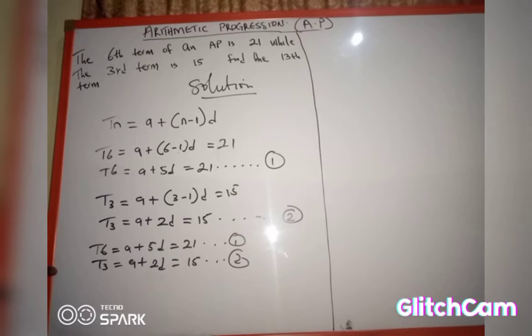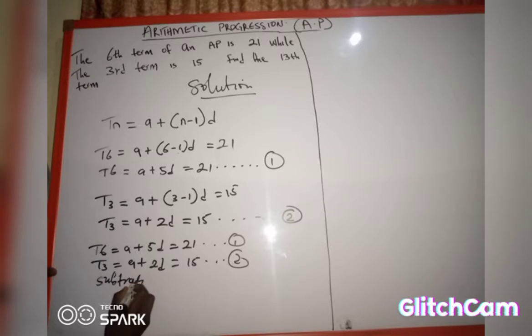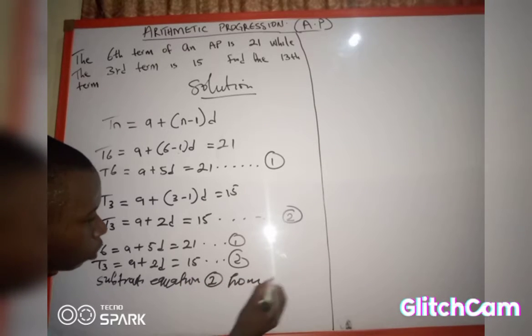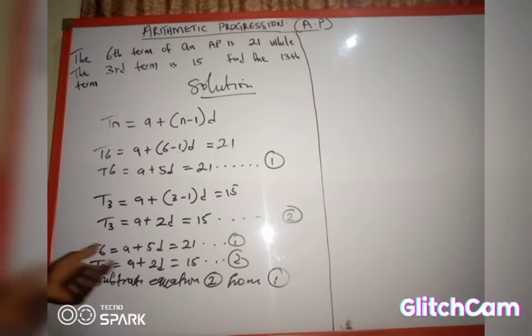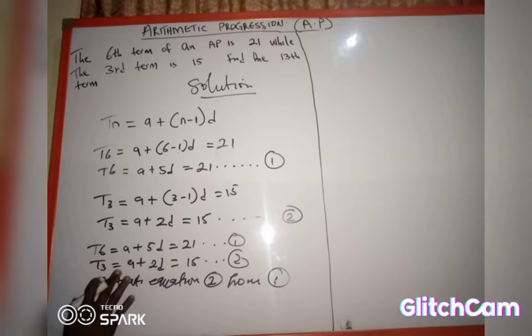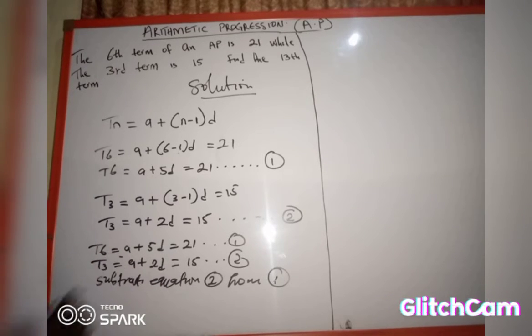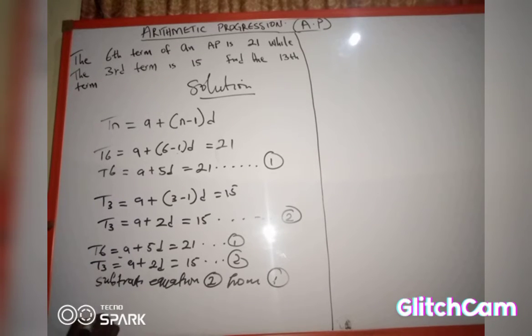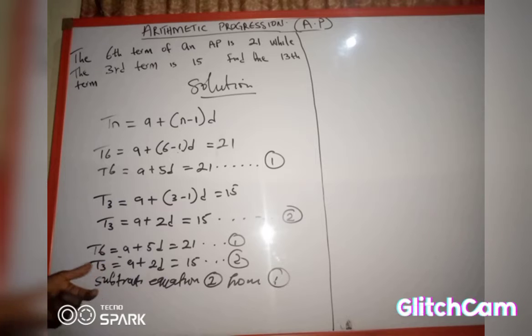So watch very carefully. I can say subtract equation 2 from 1. So what I mean is to subtract this from this. So I can say A minus A, I'll have 0 there. 1A minus 1A is the same as taking away this from this.